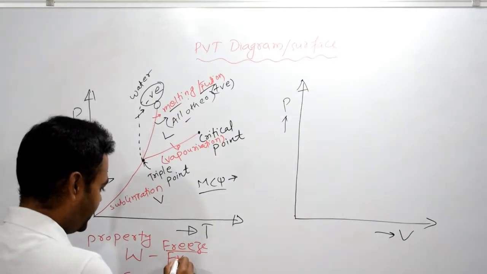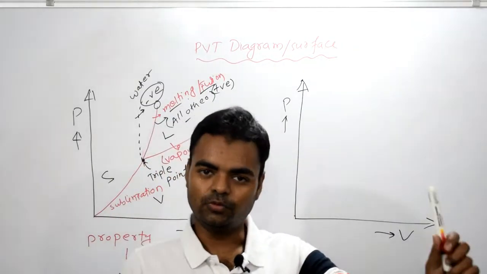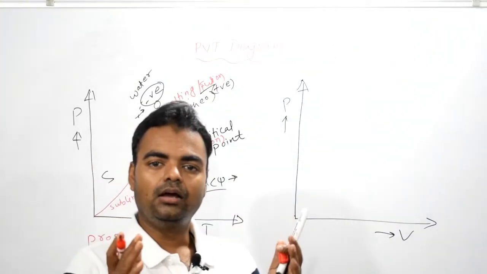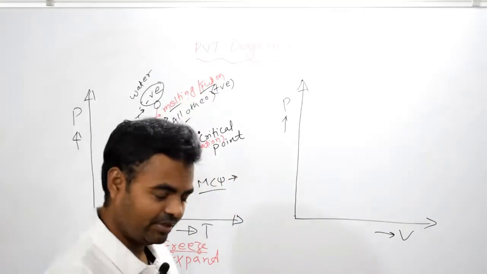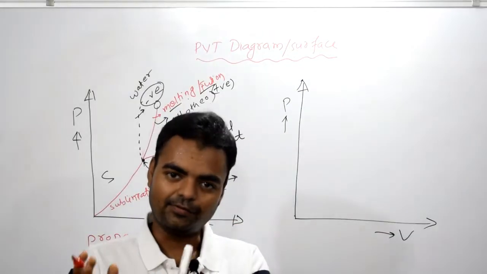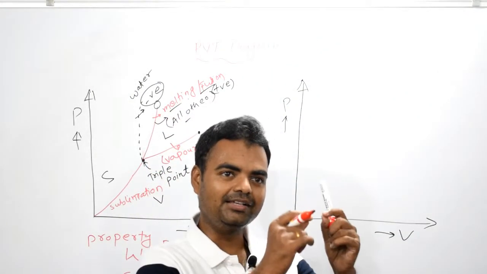Water expands. That is why its density is less, and that is why ice floats on water. Otherwise ice would sink, right?